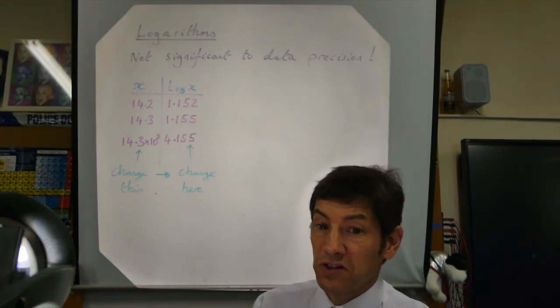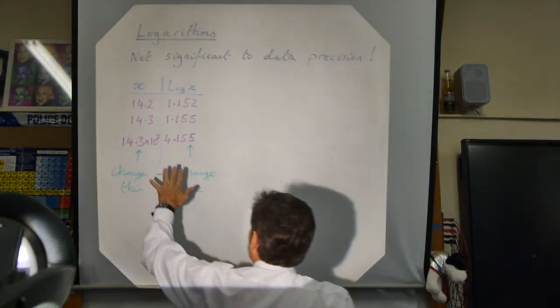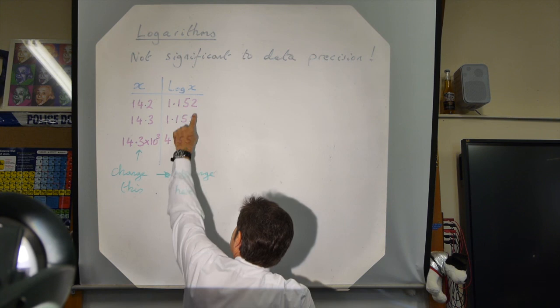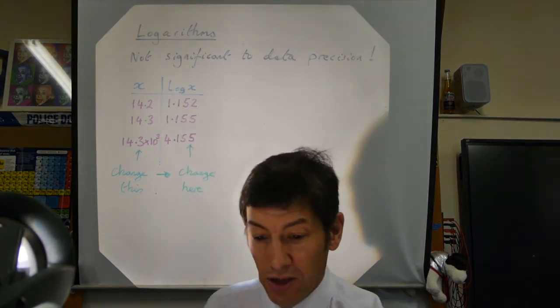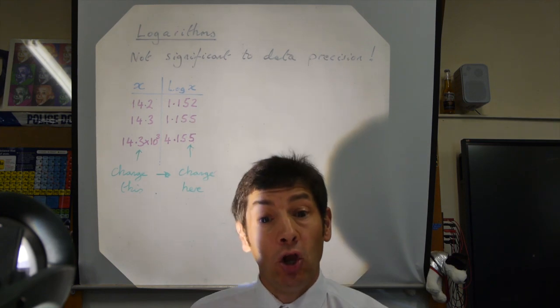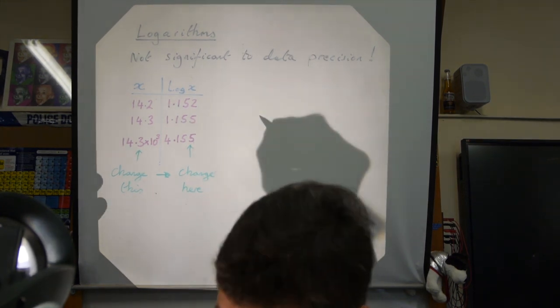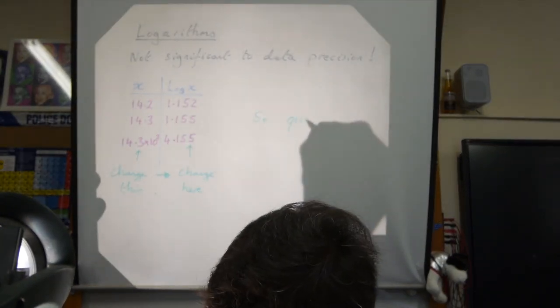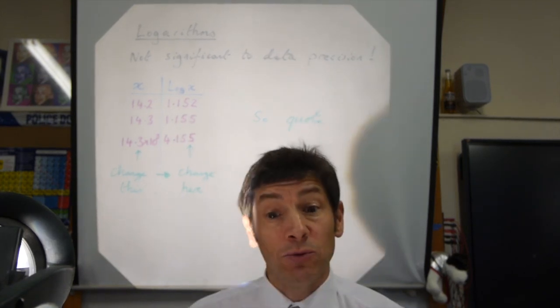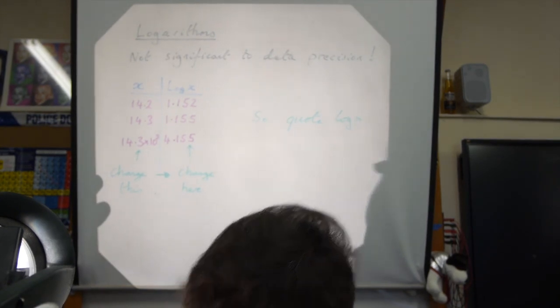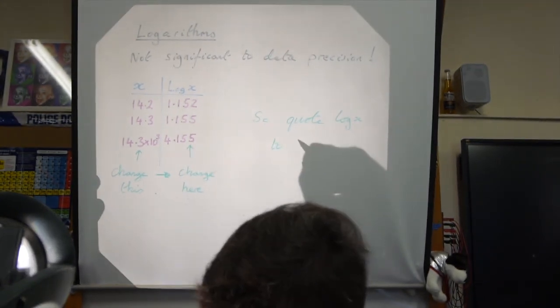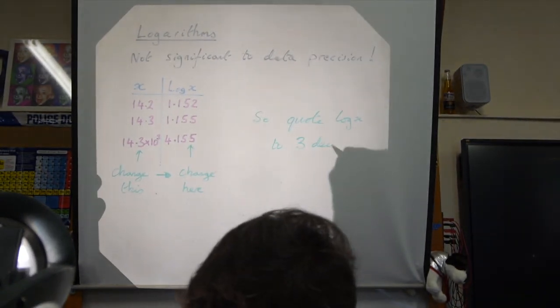So it's this third decimal place that's changing when we take the log of x. So, quote log x here to 3 decimal places.